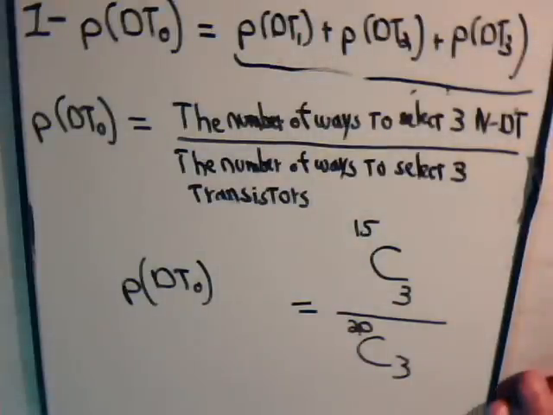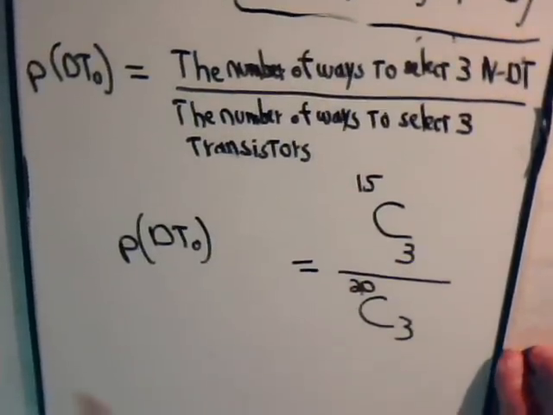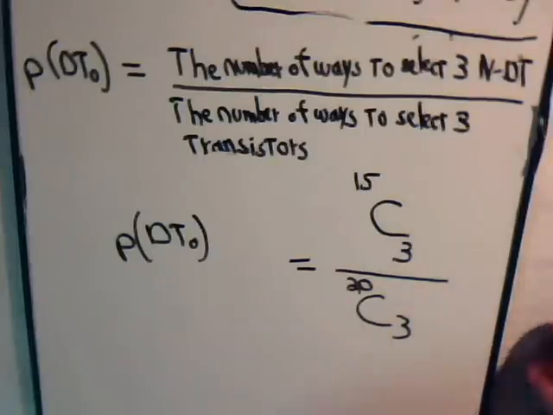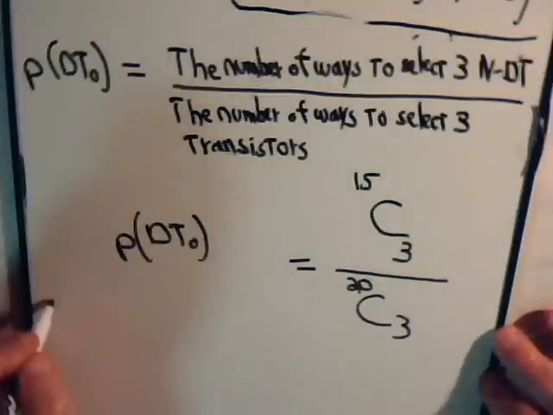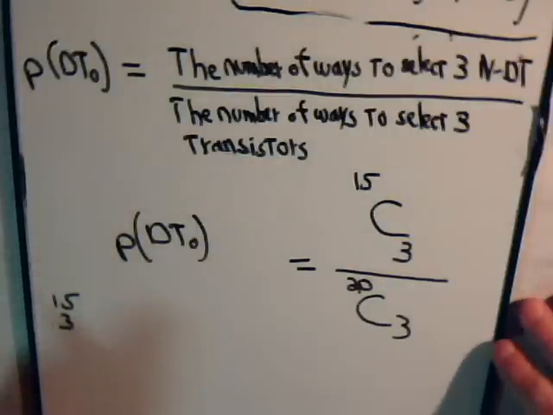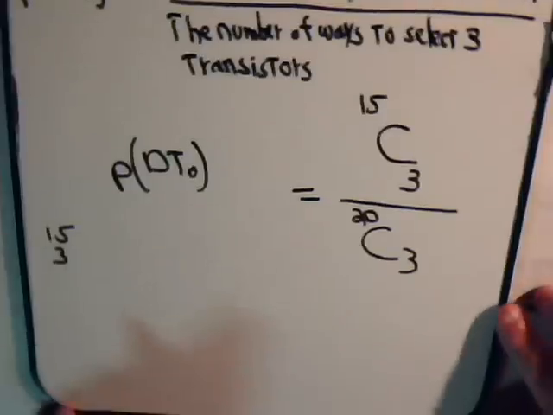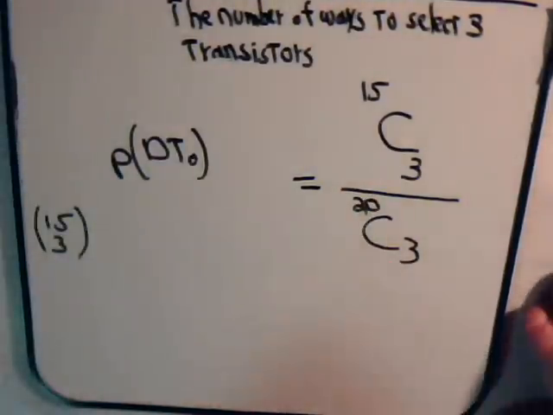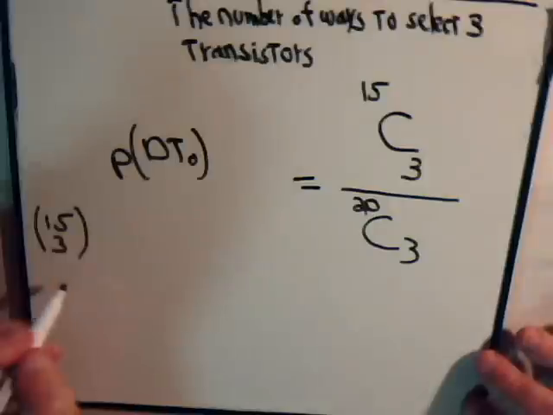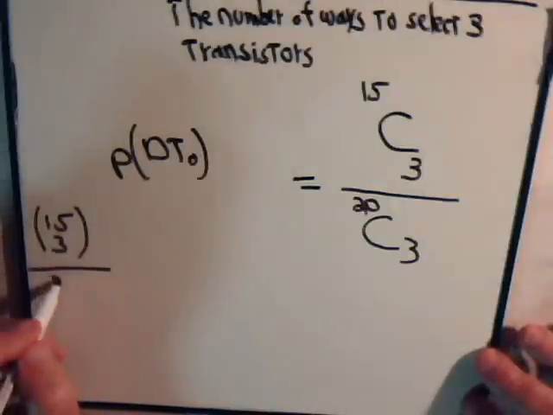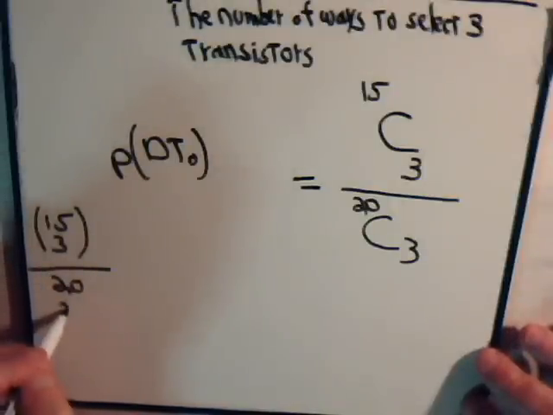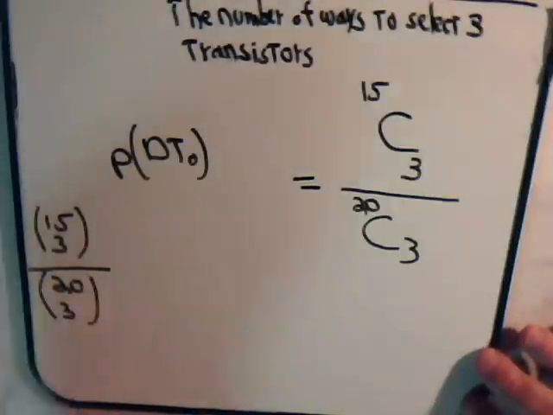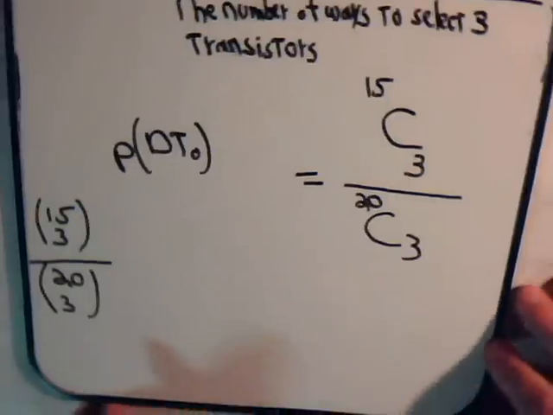so all we have to do now is figure out what these binomial coefficients are. So here we have the binomial coefficient 15 over 3 in the numerator, and down here in the denominator, we have 20 over 3, this binomial coefficient.